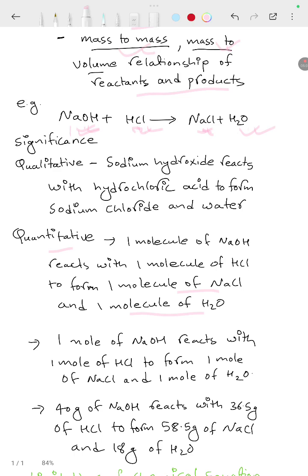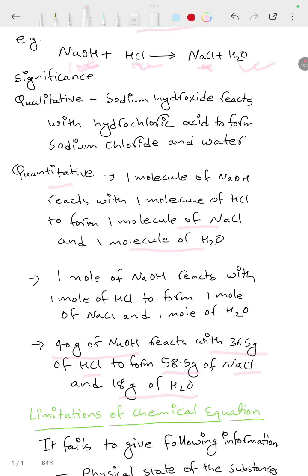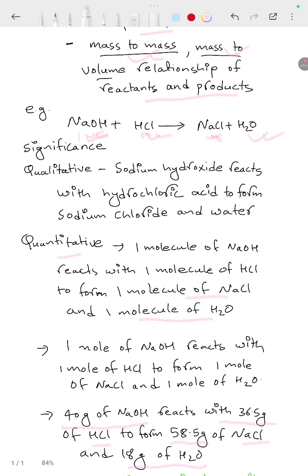In mole form, 40 gram of NaOH reacts with 36.5 gram of HCl to form 58.5 gram of NaCl and 18 gram of H2O. This is the significance of a chemical equation.